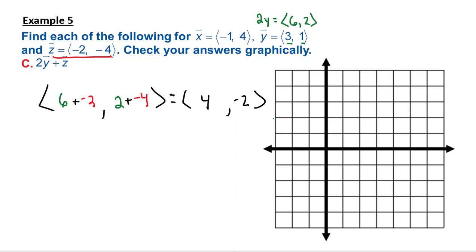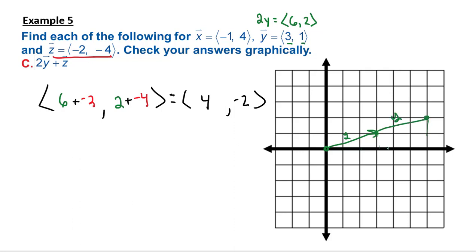So let me show you on a graph what 2y looks like. So for y, I'm going to start at the origin again. And I go 3 over 1 up. So that's 1y. 2y is I go 3 more over and 1 more up.